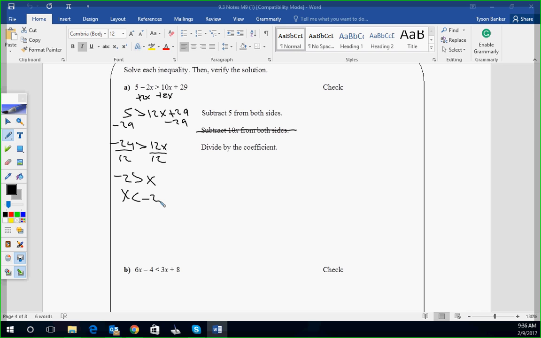So if we graph that, less than negative 2, open dot to the left. Try something like negative 5 maybe. So 5 minus 2 times negative 5 is greater than 12 times negative 5 plus 29. Negative 2 times a negative 5 is a positive 10, plus 5 is 15 for this spot.